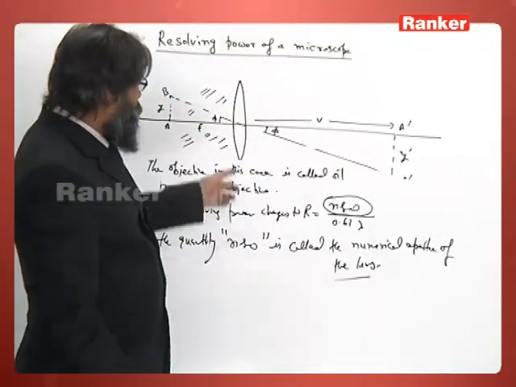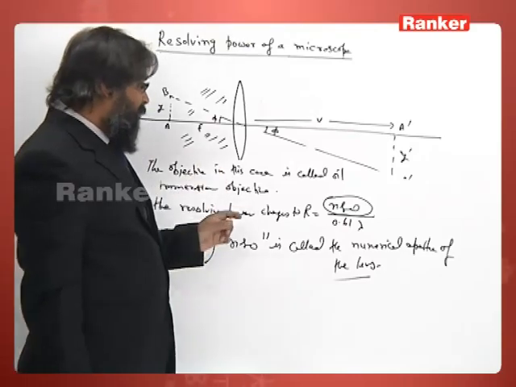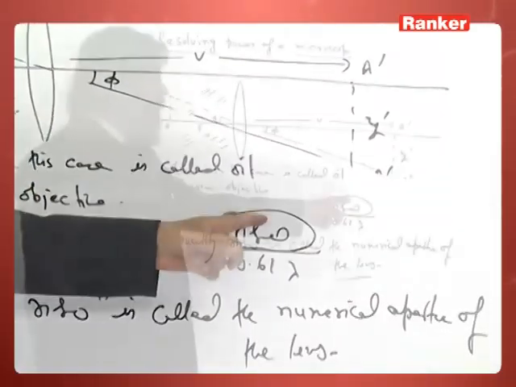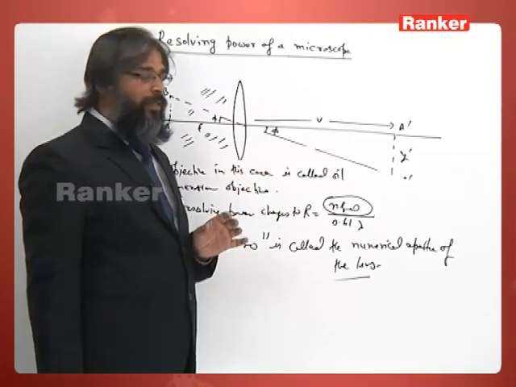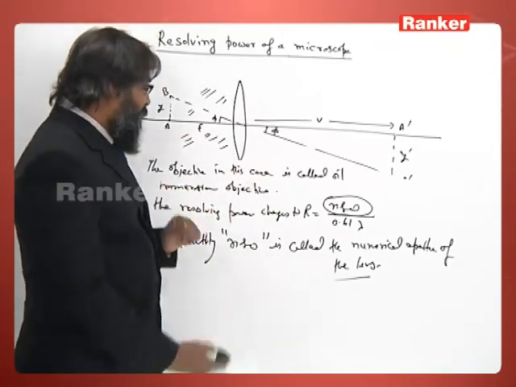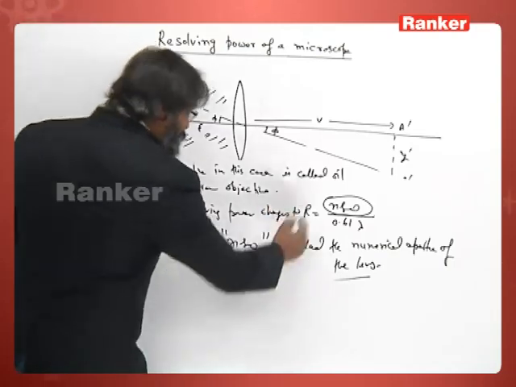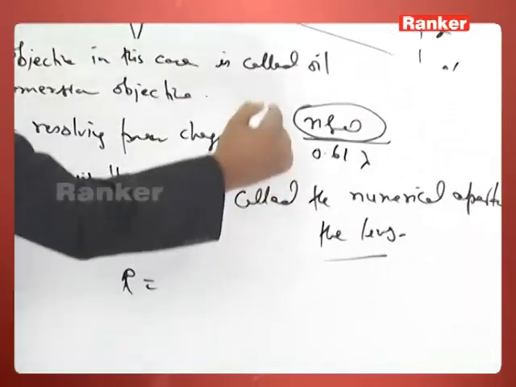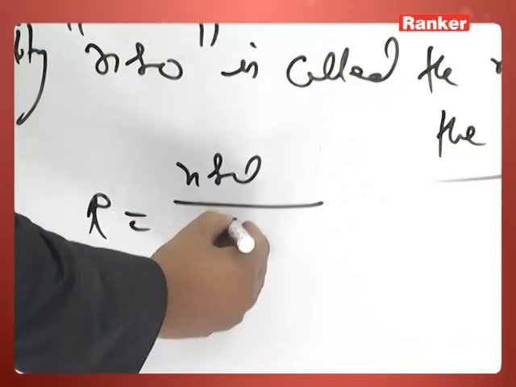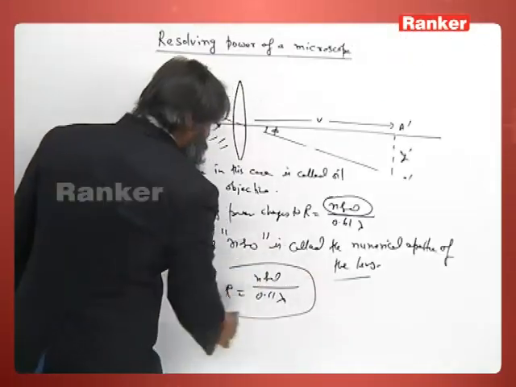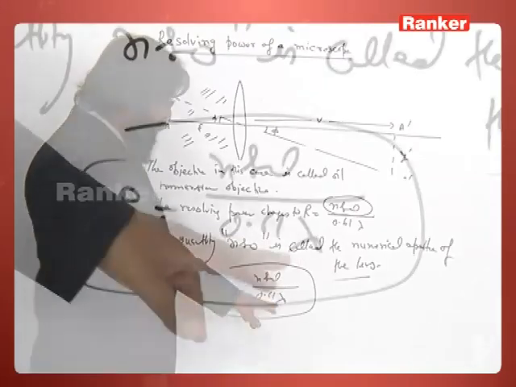In all objective lenses, the manufacturer writes this quantity n sin theta as the numerical aperture of the lens. So you see here, the resolving power R for an oil immersion objective depends on 0.61 lambda.